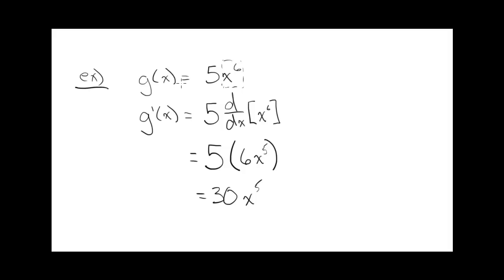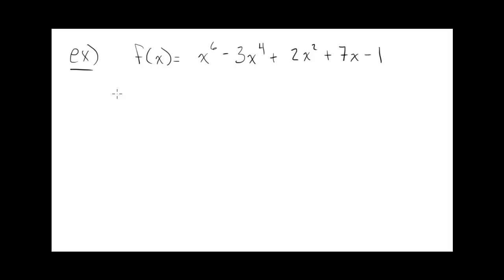So you should be able to see that we can now apply these rules to any polynomial. Let's do one example: f at x equals x to the 6 minus 3x to the 4 plus 2x squared plus 7x minus 1.